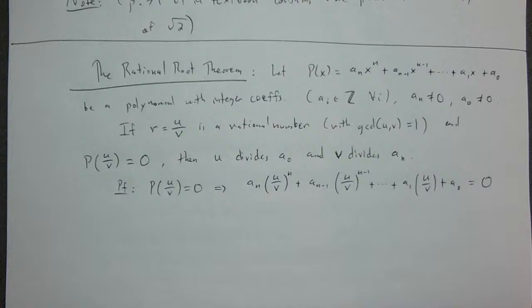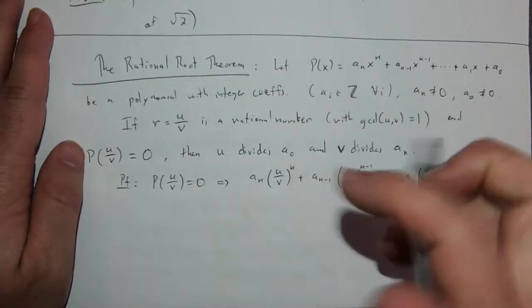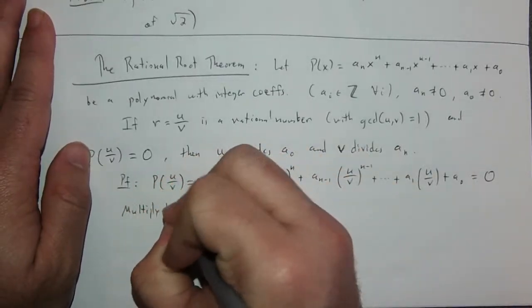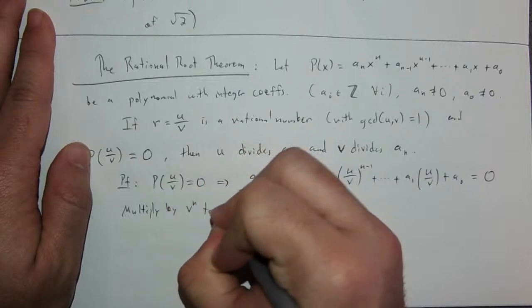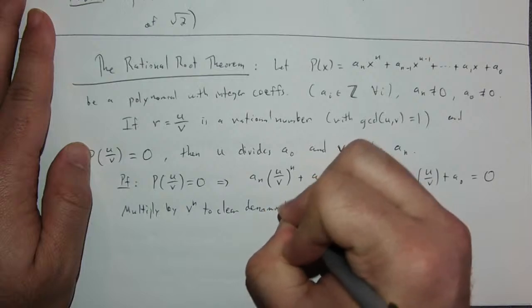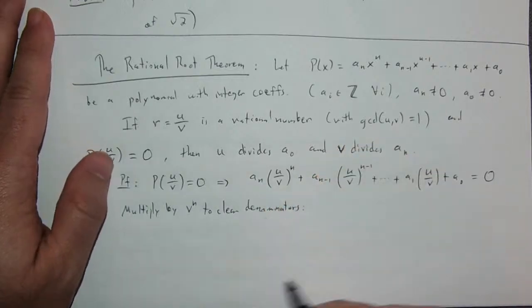Okay. So what I am going to do is multiply both sides of this equation by v to the n to clear denominators. And when I do that, what do I get?